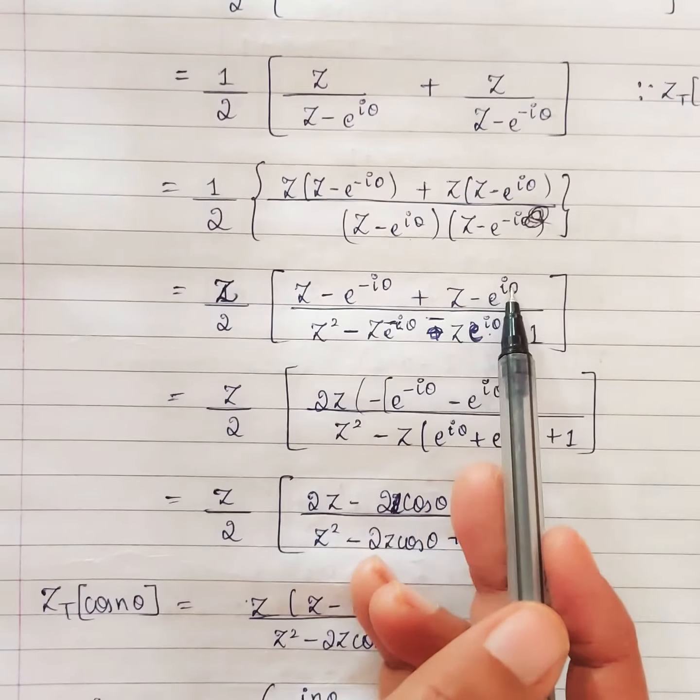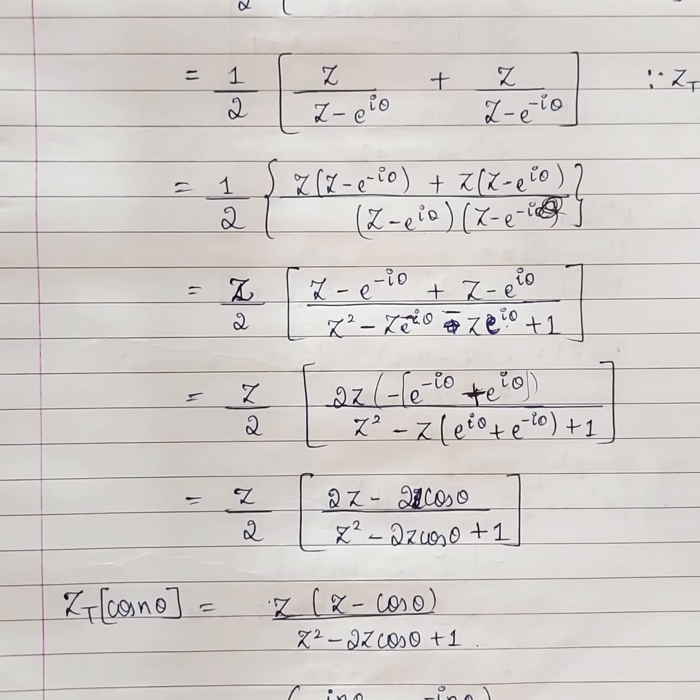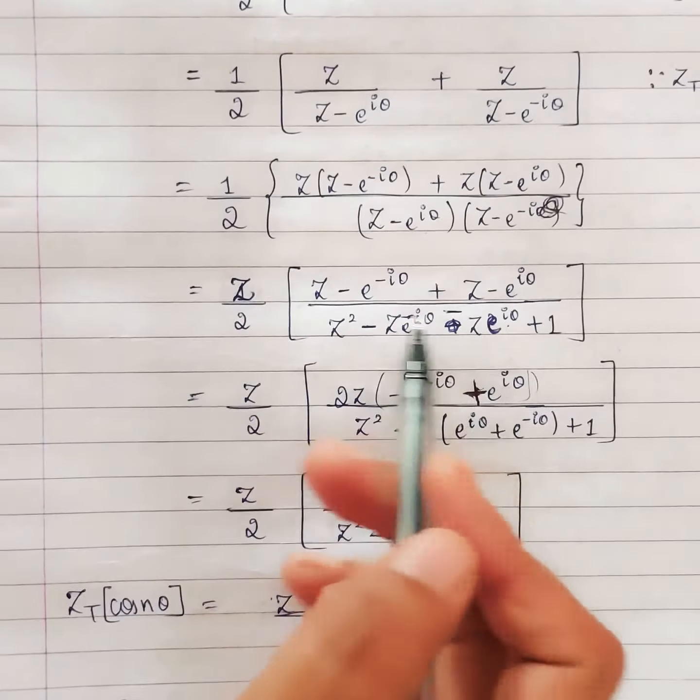So if I take the negative sign common, this will become positive, and the second term also becomes positive. So I made it plus here. So if I take common, e power minus i theta plus e power i theta.